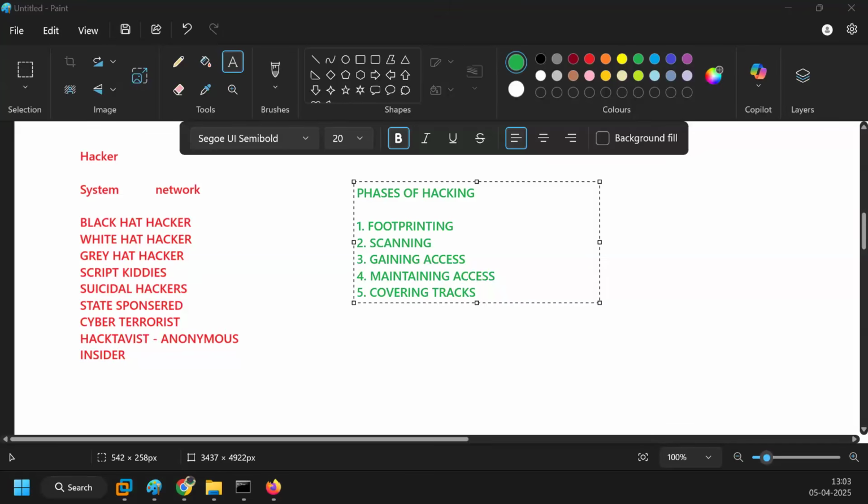The hacker does not want to get caught, so they will try to remove all that evidence of compromise. That is covering tracks.